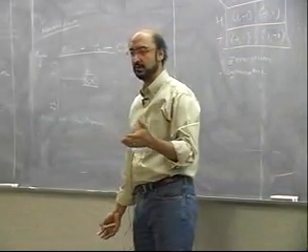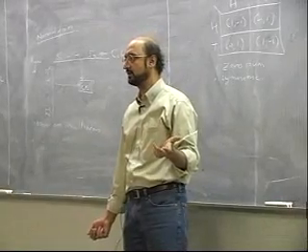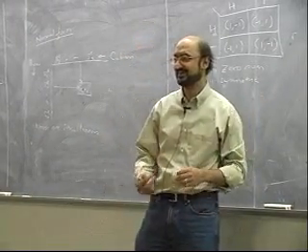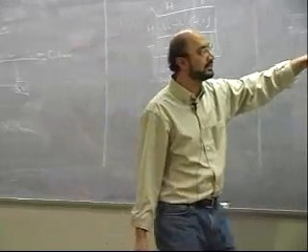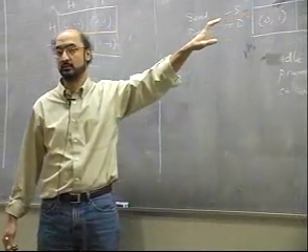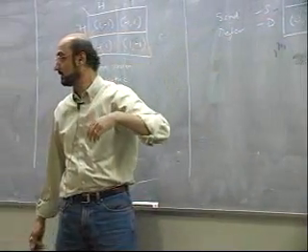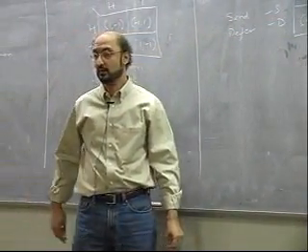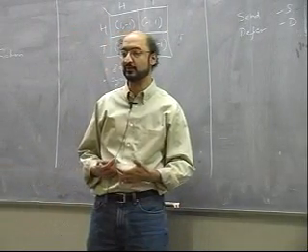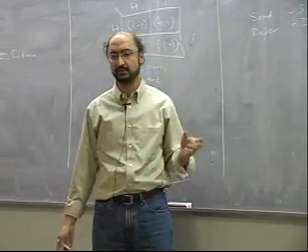Anybody have an idea why that's not a valid objection? Why is it that we can represent sequential play in the normal form? How can we represent sequential play in the normal form strategies?